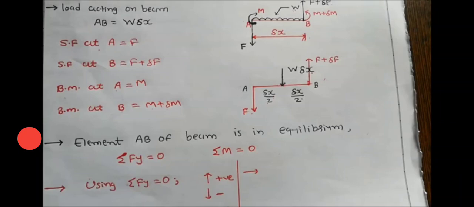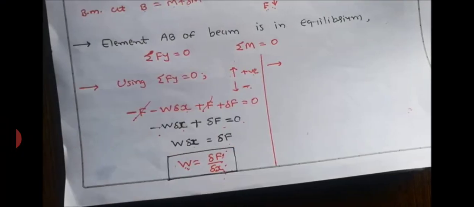First we will apply sigma Fy equal to 0, and we will take upward as positive and downward as negative. Using the equilibrium equation, it will be minus F minus W delta X plus F plus delta F equal to 0. So F and F will cancel out, and you will get W equal to delta F upon delta X. What does it mean?